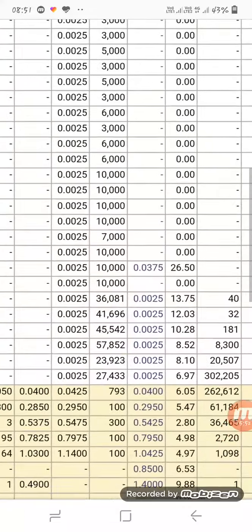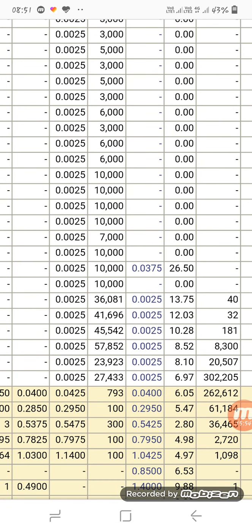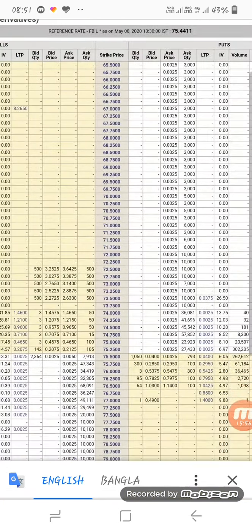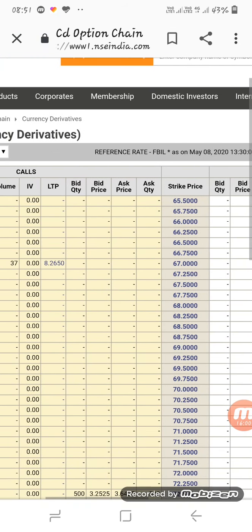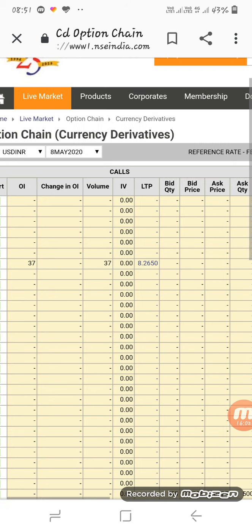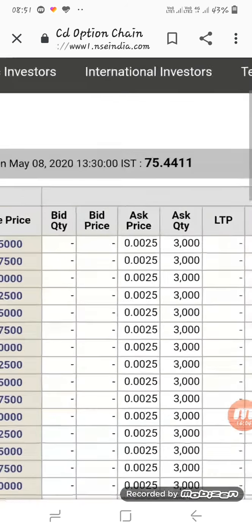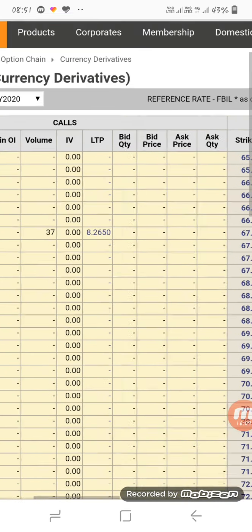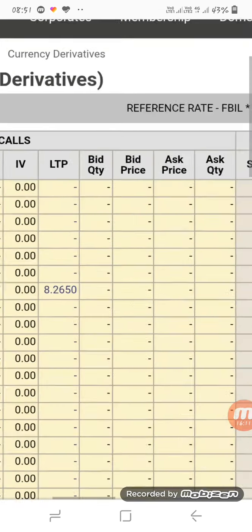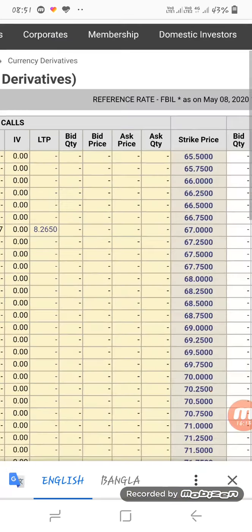For 74, the LTP is 0.0025 only. Likewise, if we think this USD INR reference rate of 75 is going to increase, we need to select the call option and check this LTP.